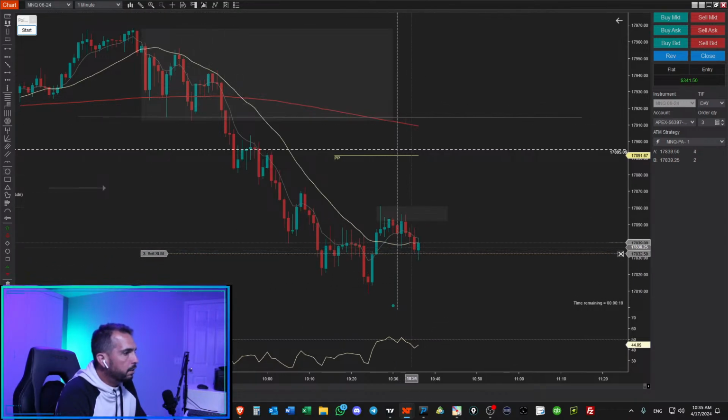But if that candle closes above, then we cancel. If it comes down, first target is at the bottom here. Stop is right there. Alright, it closed up, so we'll cancel.